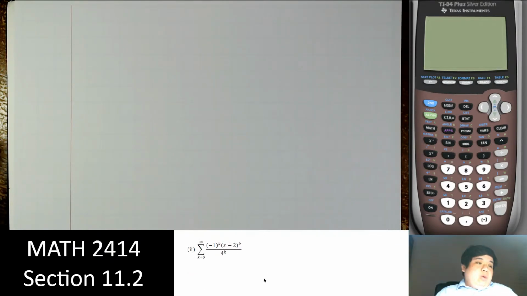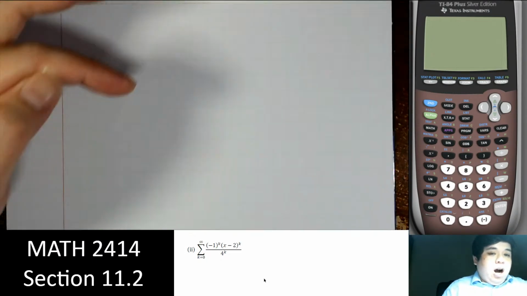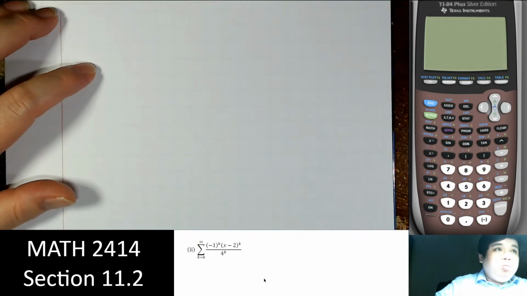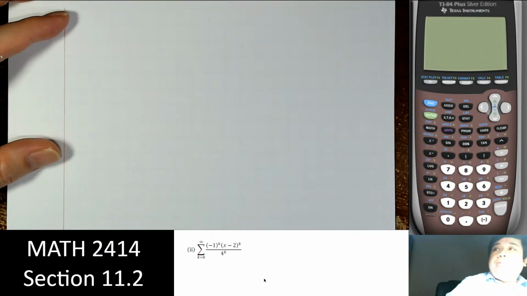Right. Now we'll go back to the second example. This one will be a bit longer than the other two.